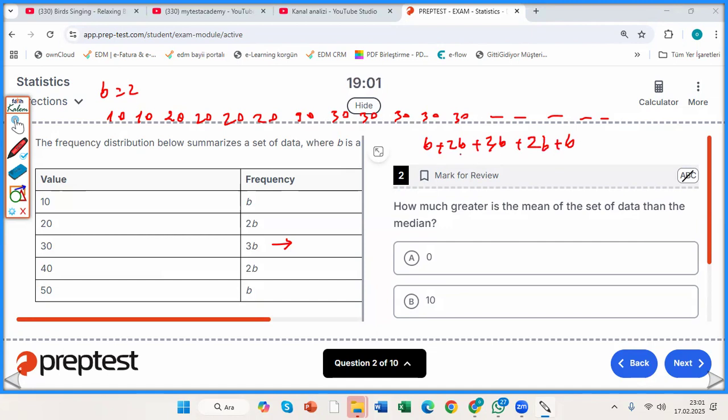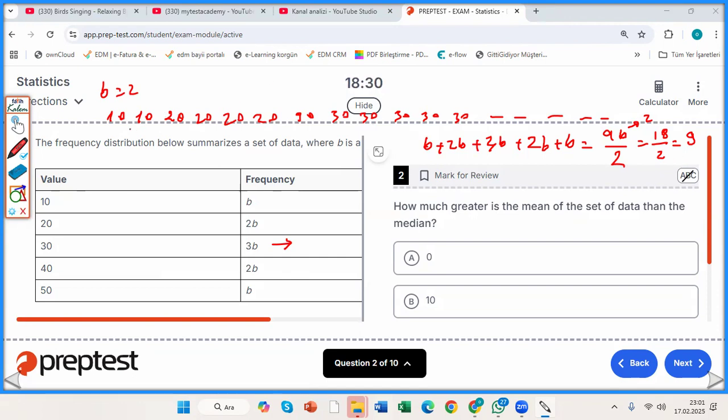Okay. How many times is it in total? Okay, it is in total 9b. Okay, so 9b over 2. Right now assume that b is 2. It is 18 over 2. In other words, the ninth value is the median.